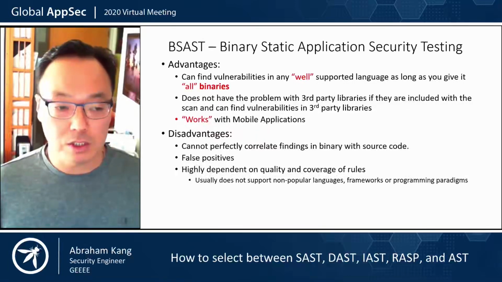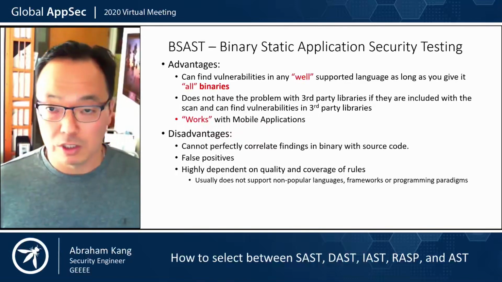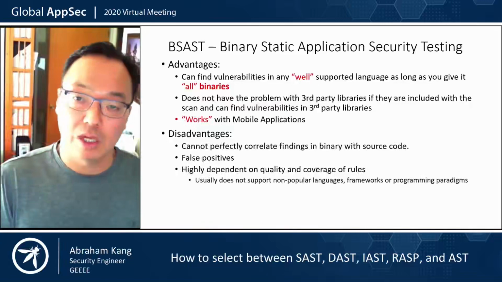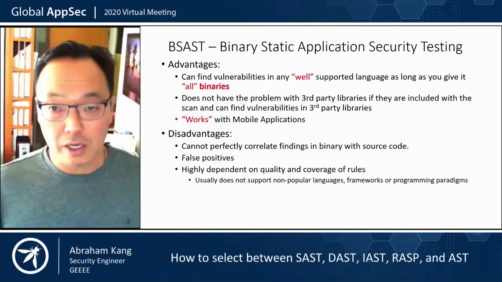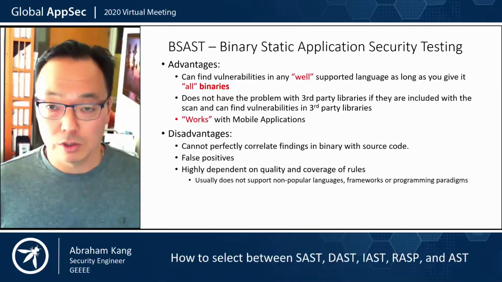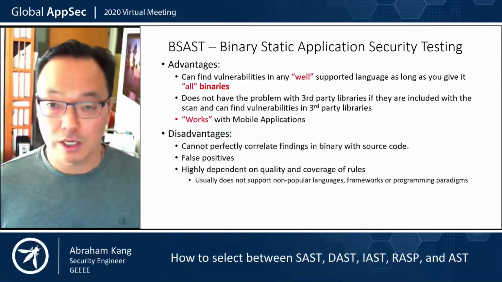From a disadvantages standpoint, you're not going to be able to perfectly correlate when a vulnerability is found in the binary to where it is in the source code, because some of that information is lost in the translation process. It also has high false positives, and it also is highly dependent on the quality and coverage of rules, and has the same disadvantages as static analysis.